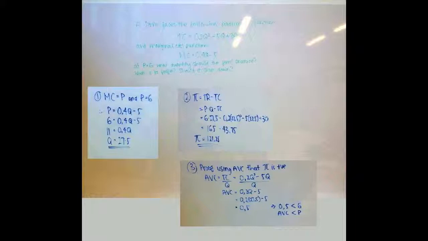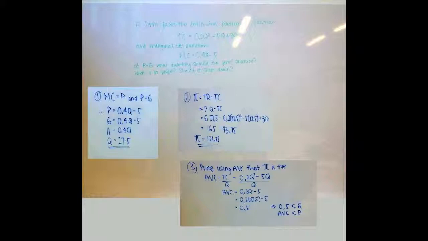So the total cost function will be 0.2Q squared minus 5Q, and the quantity is Q. Dividing that, it will be 0.2Q minus 5. We then substitute the Q by 27.5. So 0.2 times 27.5 minus 5 is equal to 0.5. Okay, so the average variable cost is 0.5 and the price is 6.